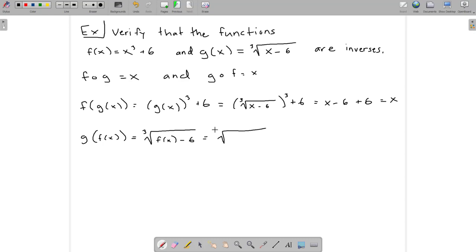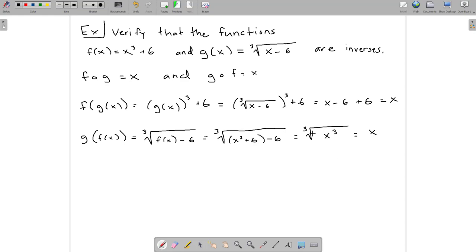And then plugging in our actual f of x function, x cubed plus 6 minus 6, all under the cube root. So then this plus 6 cancels with the minus 6 once again, and I'm left with the cube root of x cubed, which is just x.